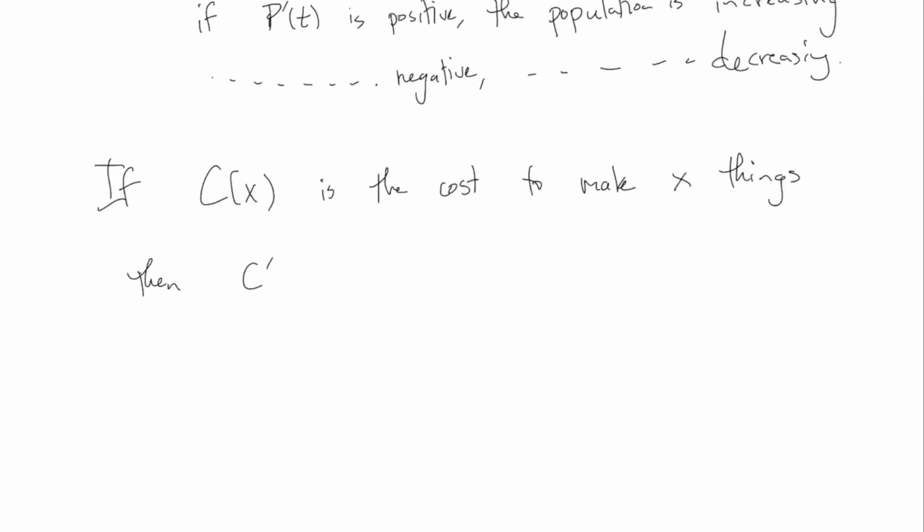Then C prime of something. This means how is the cost changing if you change the x? So this is no longer a change over time because I'm not talking about time at all. I'm just talking about the cost of making a certain amount of things.